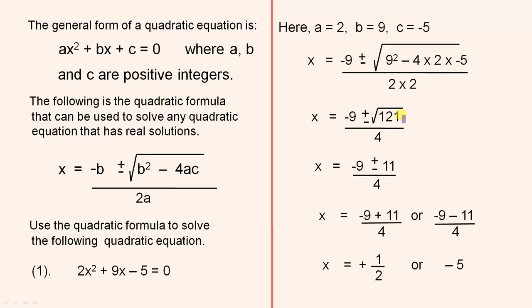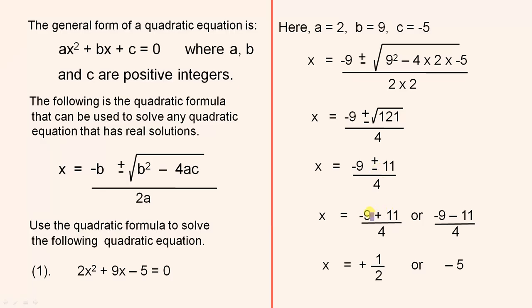We know that the square root of 121 is 11. So we have minus 9 plus or minus 11, all over 4. Now, if we take these individually, we have x equals minus 9 plus 11 over 4, so we do that plus sign first, or minus 9 minus 11 over 4, then we do that negative sign.